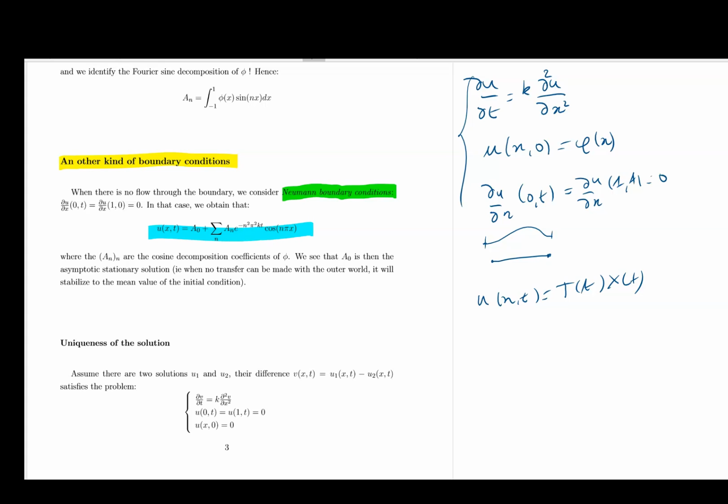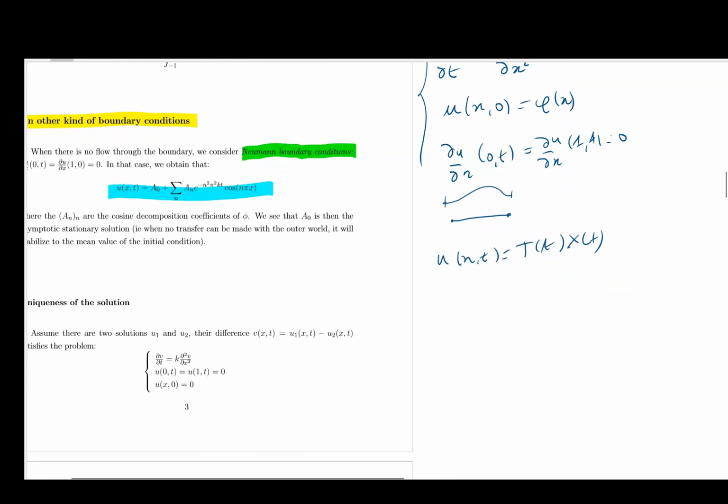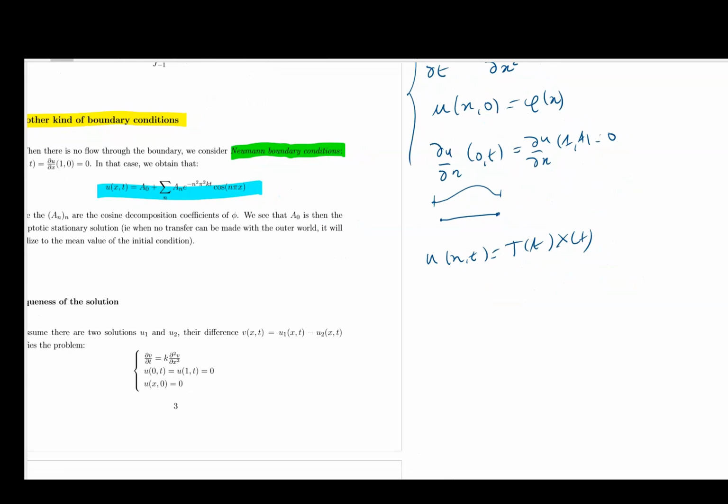Pause the video, do that, and come back here to see the solution. The videos of today are not too long, so you can really take the time to practice on that example, and it's really going to help you do the rest. Let us see how that is working.